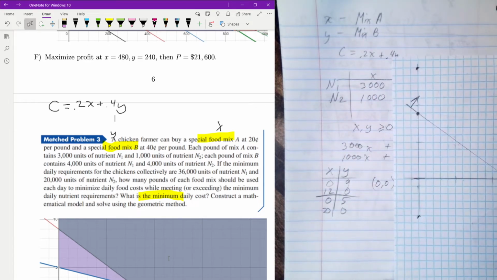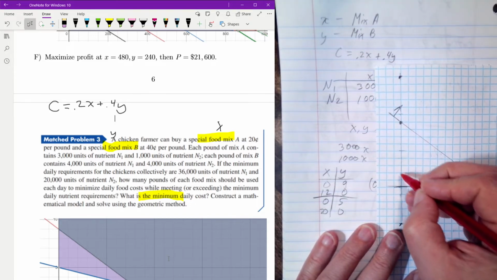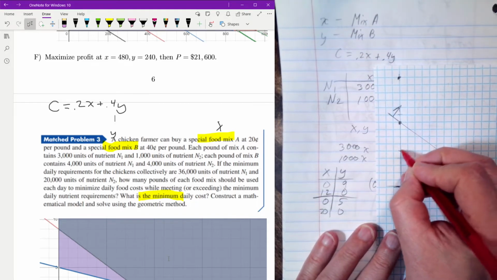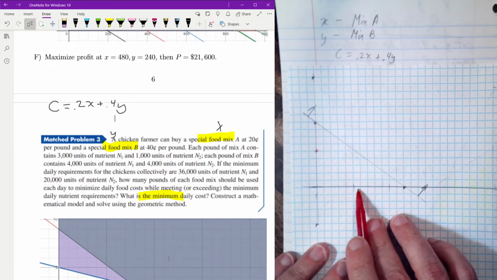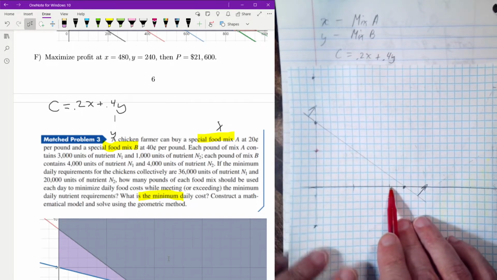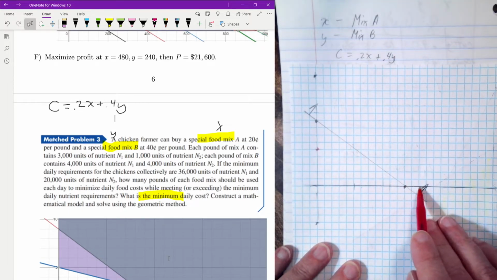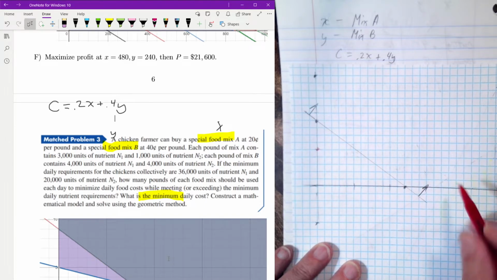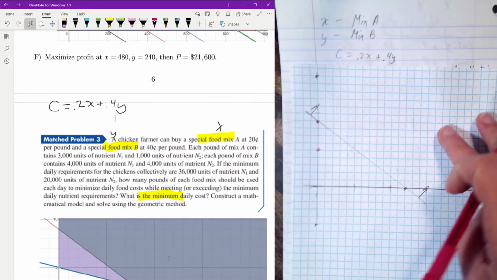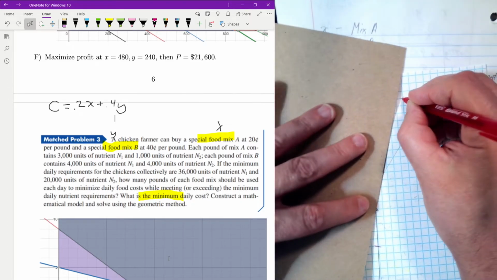We'll switch colors. Here we have 0, 5, and 20. So we'll draw this line in.